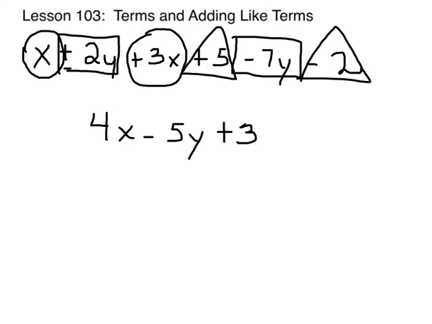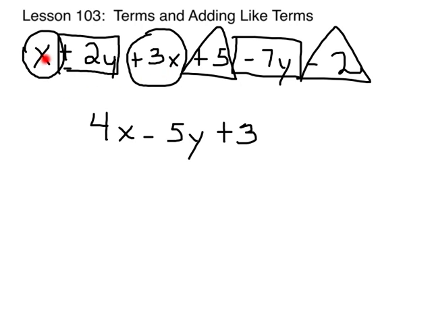So, in this example, we have, let's count them, 1, 2, 3, 4, 5, 6 terms. And we have some terms that we call like terms, meaning that they have the exact same thing. Here we have a 3 with 1x.